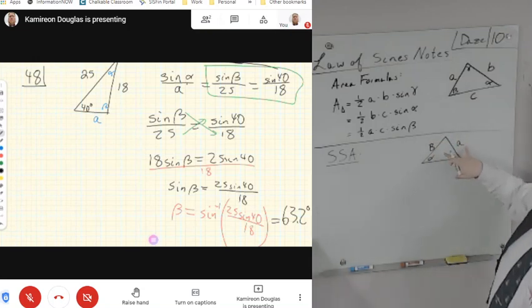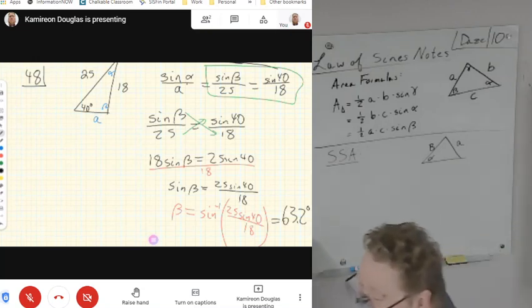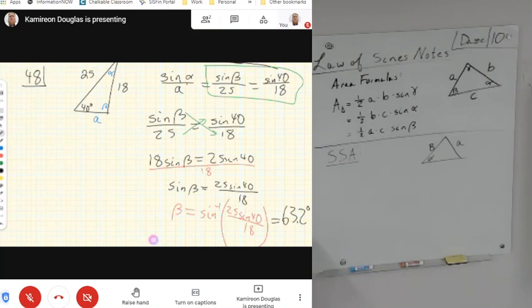If I have two sides and an angle where the angle is not between them, it is possible there is a second solution, and that solution may be the right one. It's possible the original one was the right one. It depends on the picture. You have to be investigators for these ones. You have to look at your picture and say, is this number reasonable? 63.2 is not reasonable in this problem.